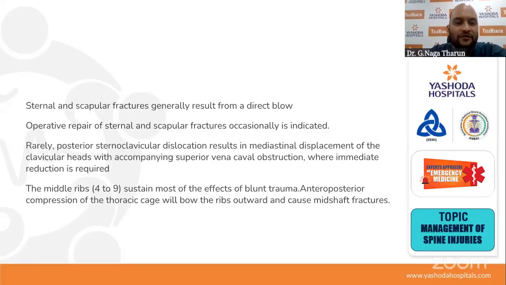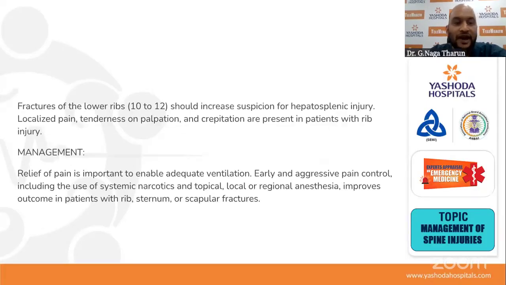The middle ribs, like 4 to 7, sustain most of the effects of blunt trauma. Anterior-posterior compression of the thoracic cage will blow the ribs outwards and cause midshaft fractures. Fractures of the lower ribs, that is 10 to 12, should increase suspicion of hepatosplenic injury. Localized pain, tenderness on palpation, and crepitations are present in patients with these injuries.